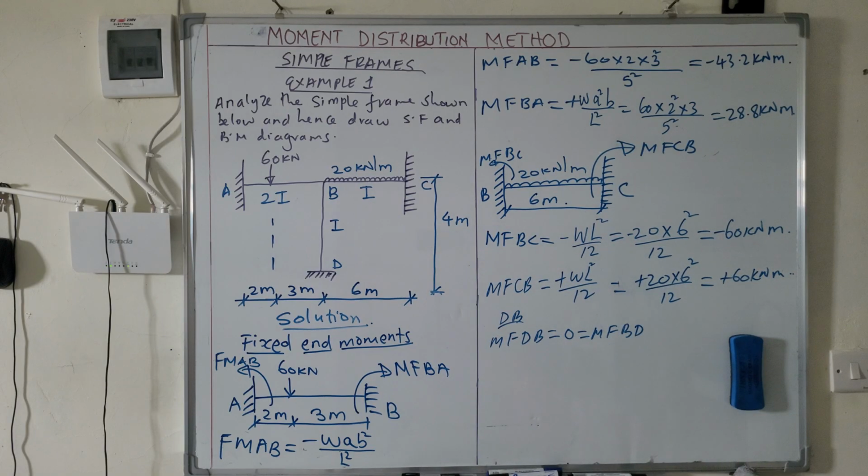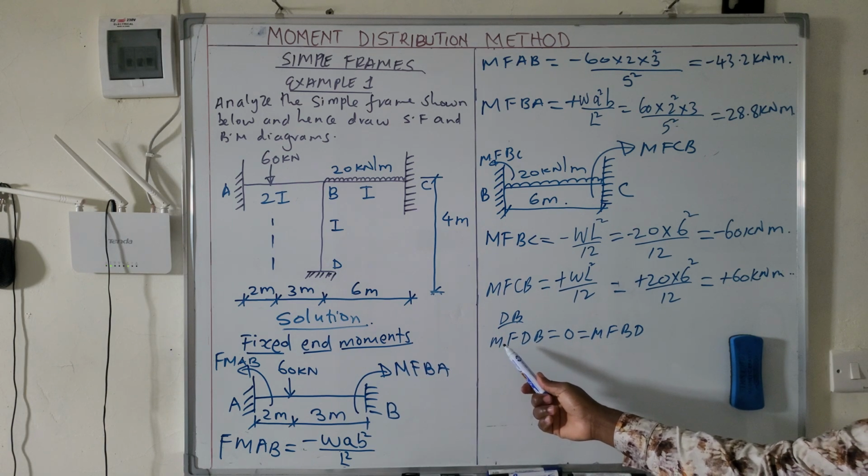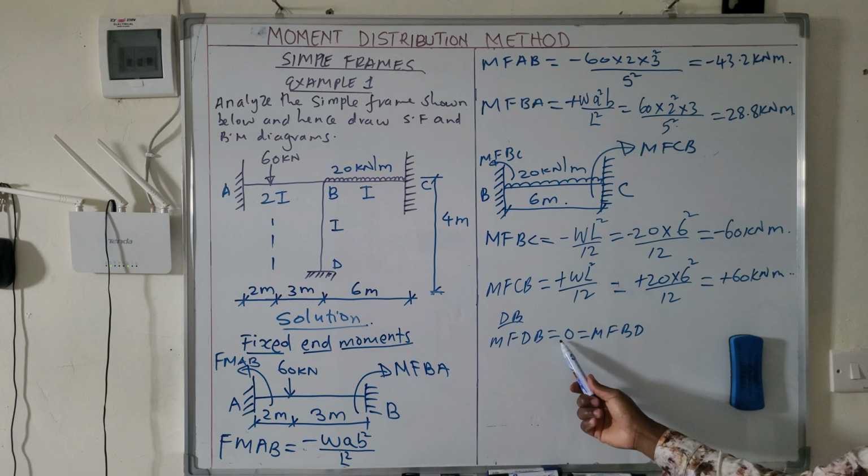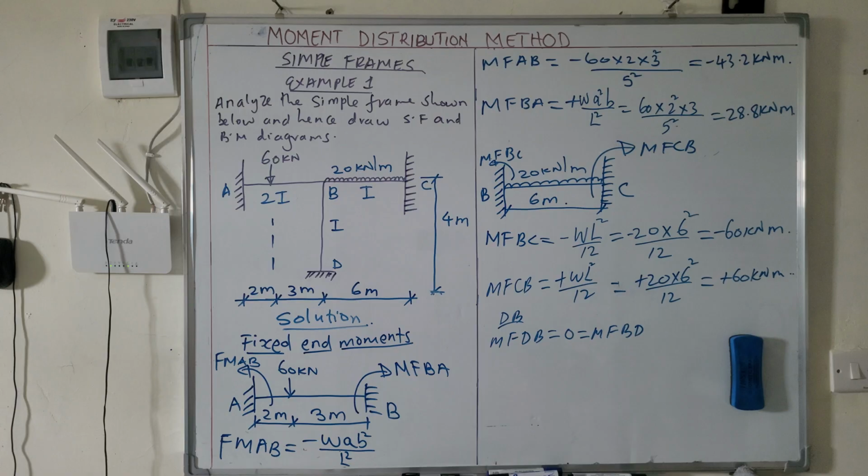So there is no loading. So it means fixing moment DB is equal to 0, which is equal to fixing moment BD. So we have calculated our fixing moment.